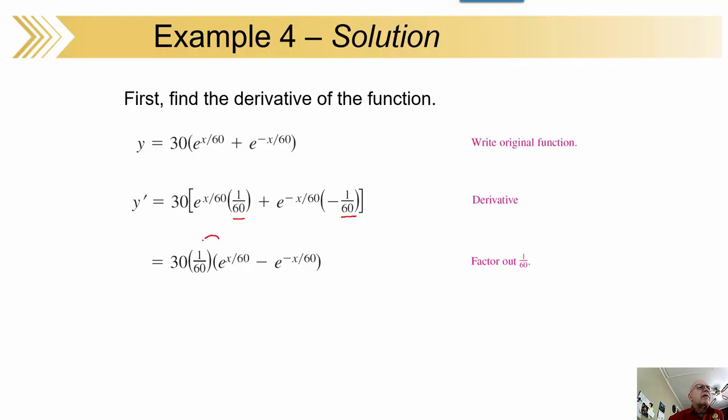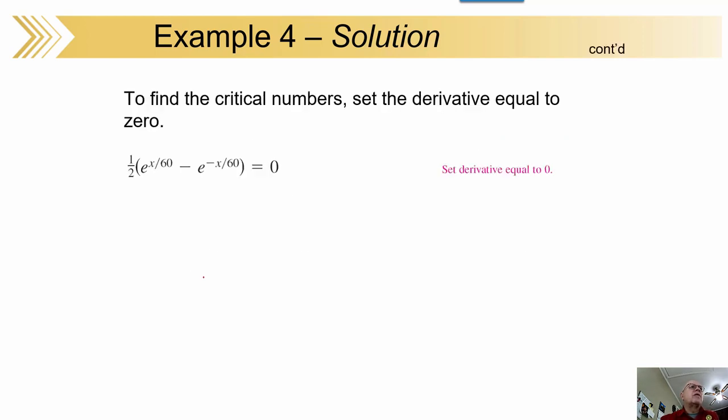So bring that 1 over 60 out front to make things a little simpler. This will give you 1/2. So what you've got is this, and that's your answer. If you want to, you could put each of those over 2, or you could put what's in parentheses in the numerator and a 2 in the denominator. It depends on how you're going to use this derivative.